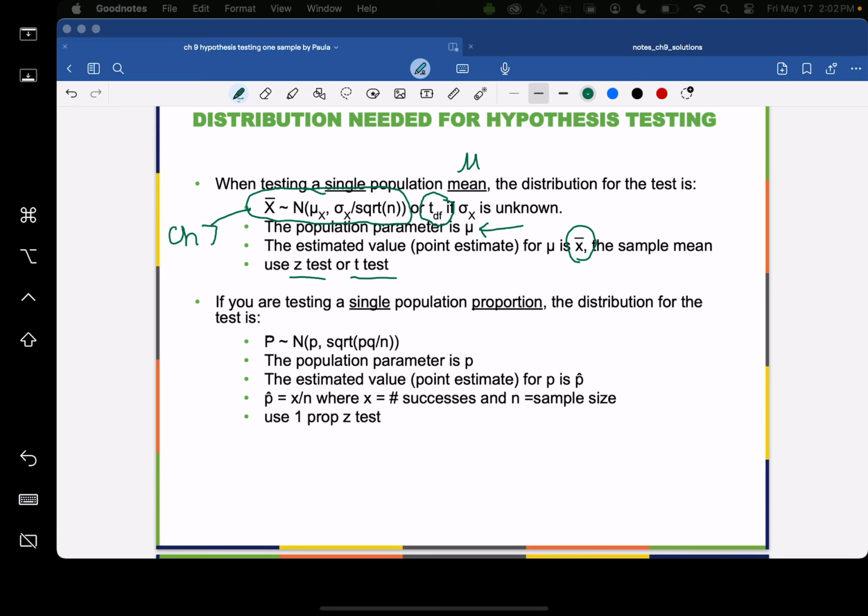If you are testing a single population proportion, then we are talking about p. And p represents the percent of the population, like 90% of people are right-handed.